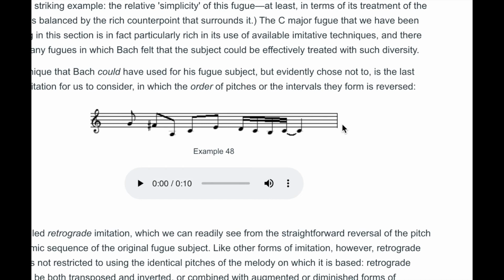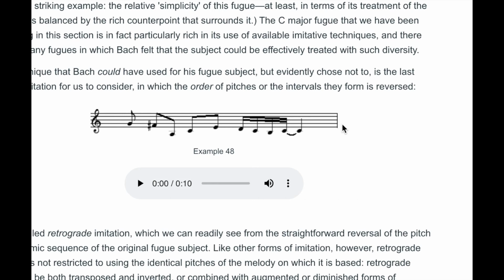What would it sound like then in this backward or retrograde form? And imagine that being buried in the midst of the musical texture that we've been encountering in all of the other examples. It would be very hard to hear that.